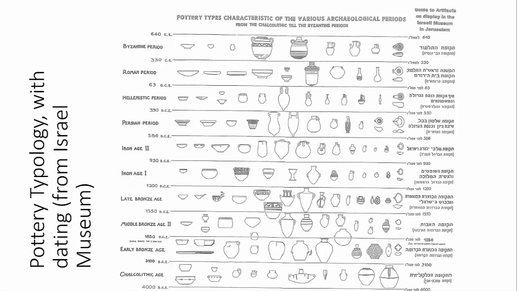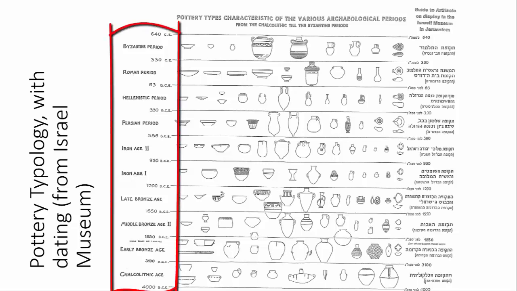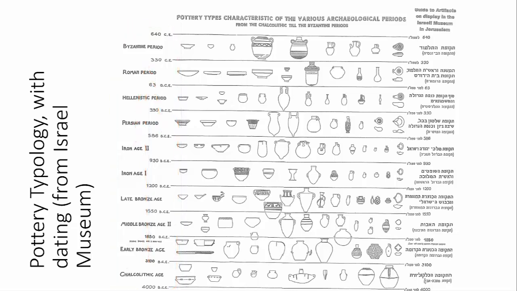This display that comes from the Israel Museum helps us appreciate how the typology can be recognized or established. To orient you, notice on the far left, the very bottom of the far left column, we have the Chalcolithic age. So that's reaching back to around 4000 BC, and then climbing up, accumulating layers, one layer upon the other, reaching to the top, the Byzantine in the AD or current era, the CE.